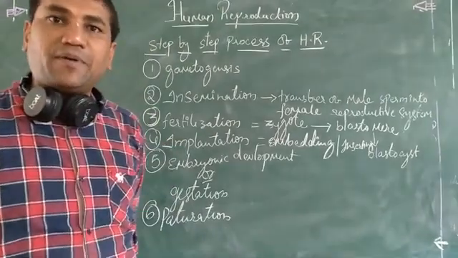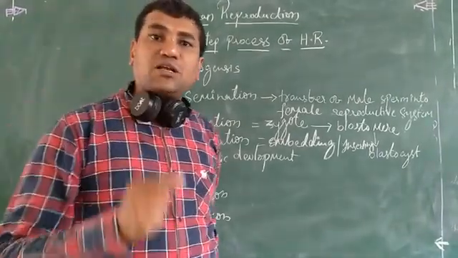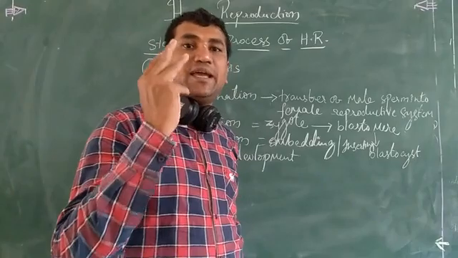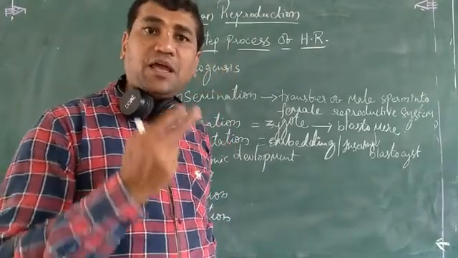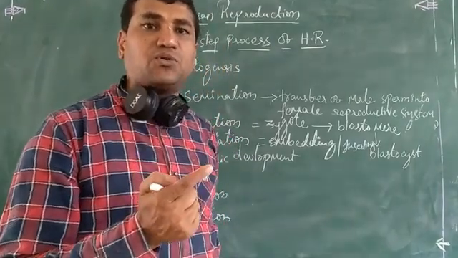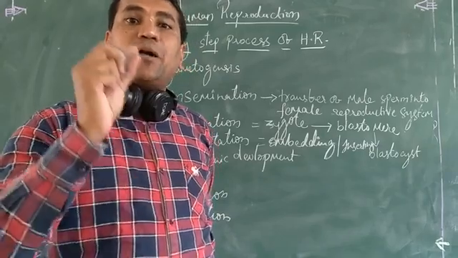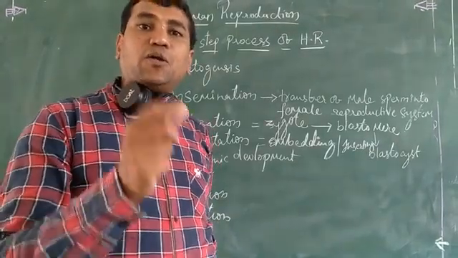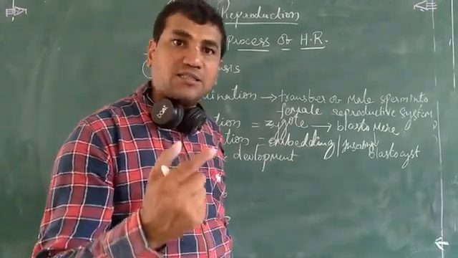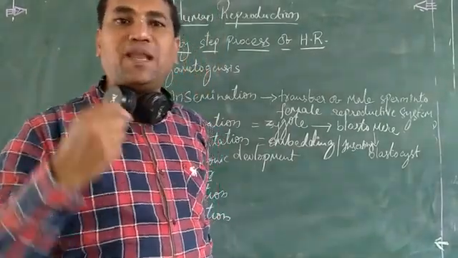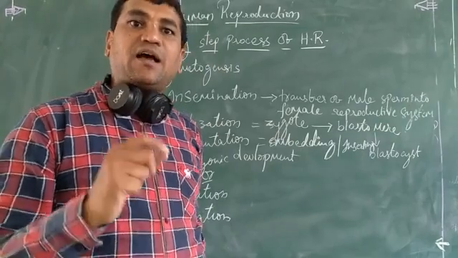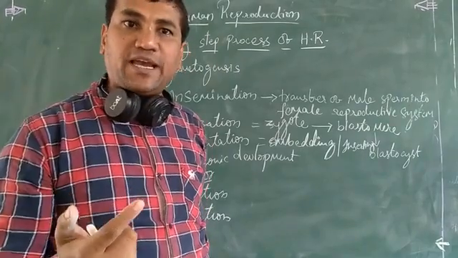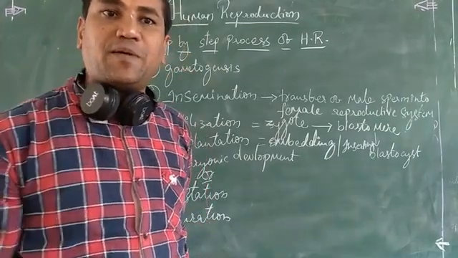Embryonic development is the formation of 3 germ layers, that is endoderm, ectoderm and mesoderm, and formation of the spinal cord, followed by the development of organs, followed by the complete makeup of the child and movement of the child, and it is ready for birth.